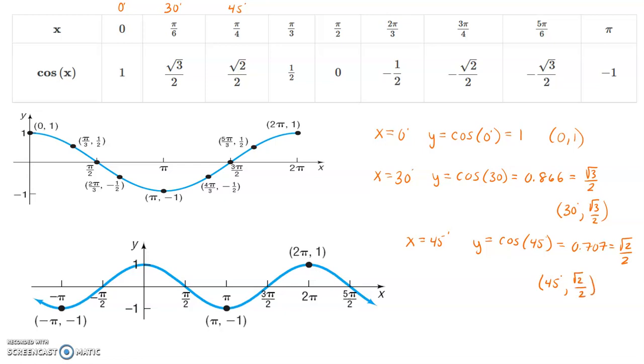Okay, and we can continue with this process, and if we take a look at these points, what we're going to end up with is this graph here that you see in the middle. That's an example of our cosine graph. And what you see is one cycle of the graph. Keep in mind that cosine also has a period of 2 pi.